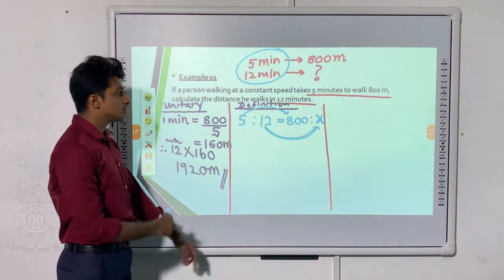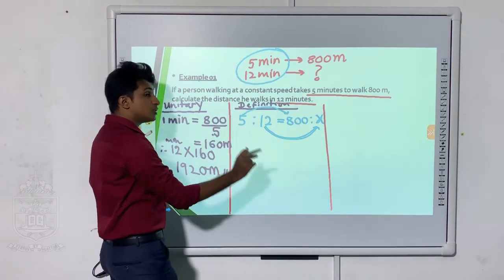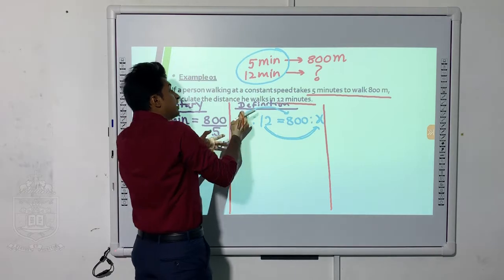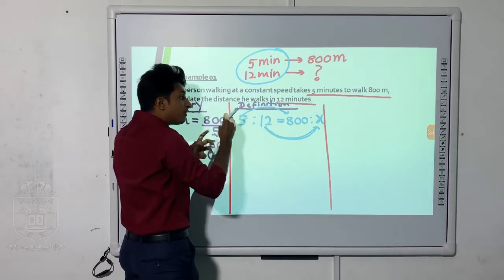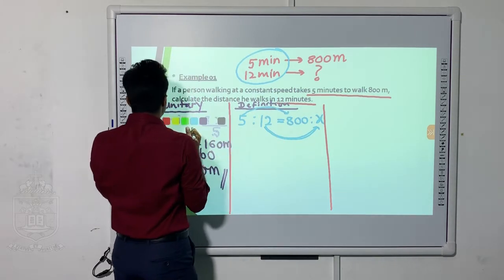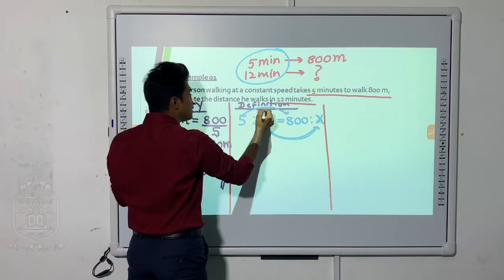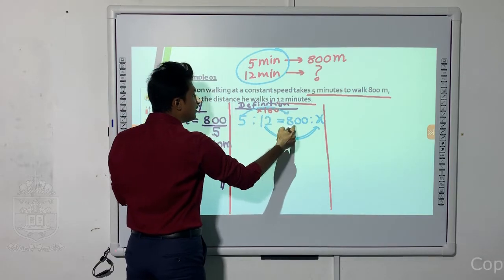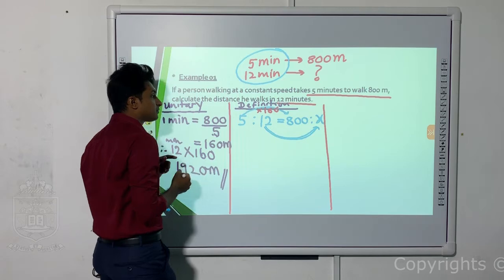Now I have to check how 5 can become 800. How did 5 become 800? It was multiplied by 160. You can divide 800 by 5 and see.